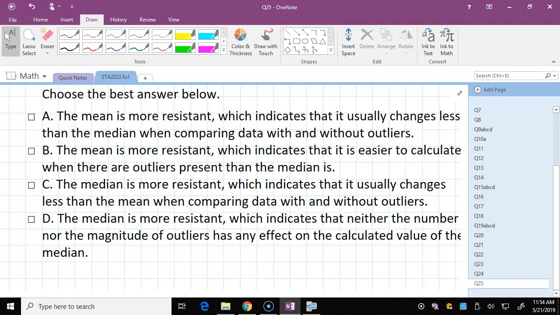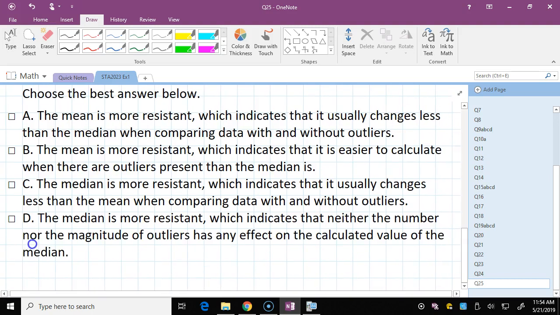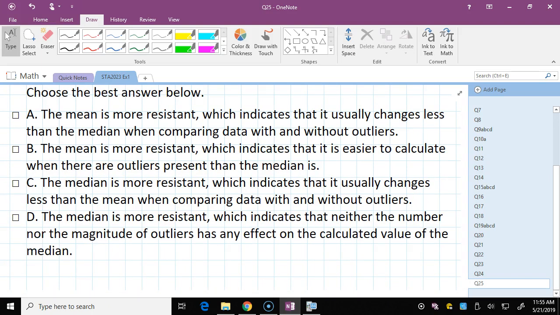So let's read those. The median is more resistant, which indicates that it usually changes less than the mean when comparing data with and without outliers. The median is more resistant, which indicates that neither the number nor the magnitude of the outliers has any effect on the calculated value of the median.